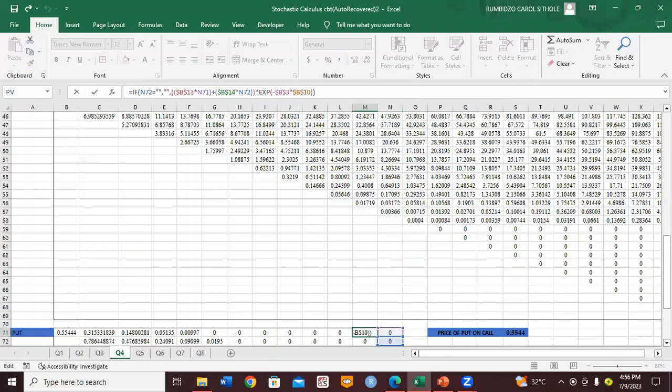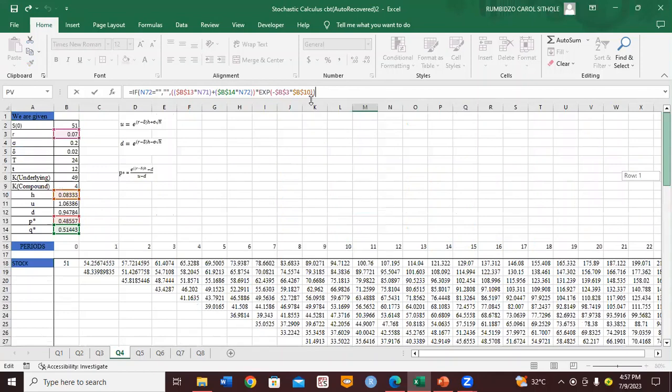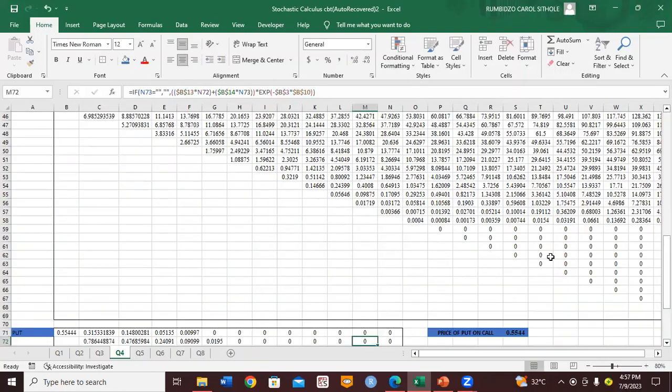Sorry, I'll be moving back up and down so that you see the figures that we are using. It will calculate B13, this is our P, this is our Q, our B3 is our R, and our B10 is our H. It will calculate this for us. So you click enter, and then you double click here so that it calculates for all the periods going down.